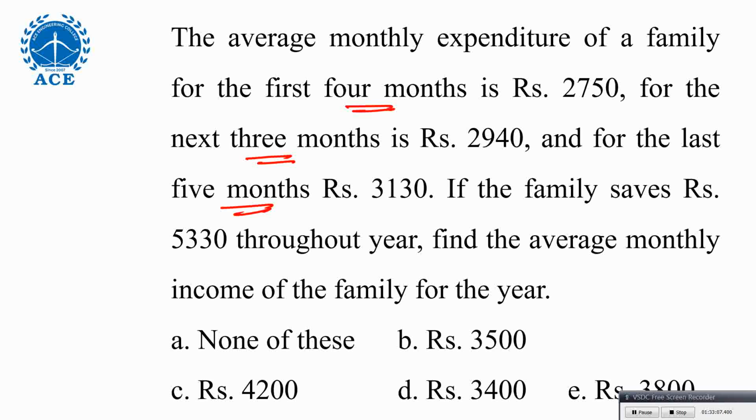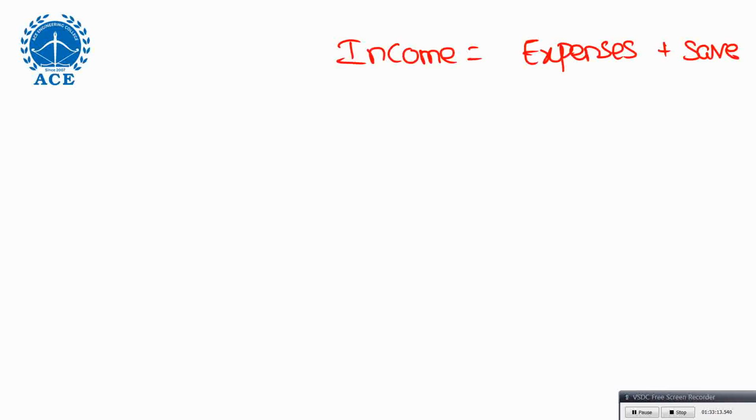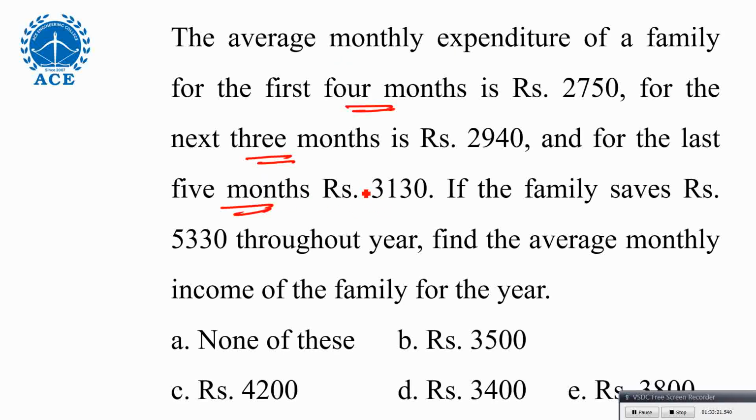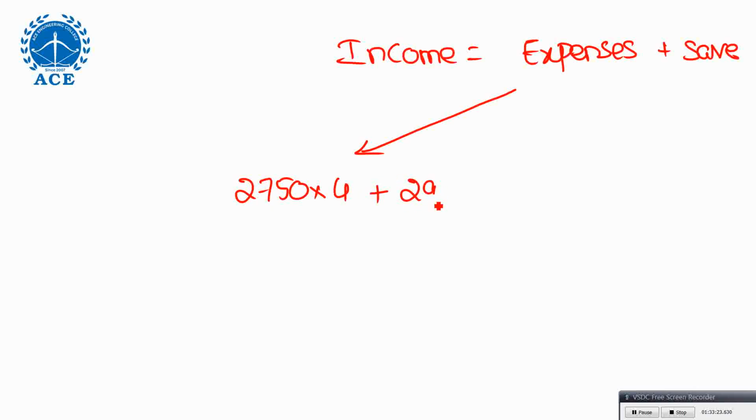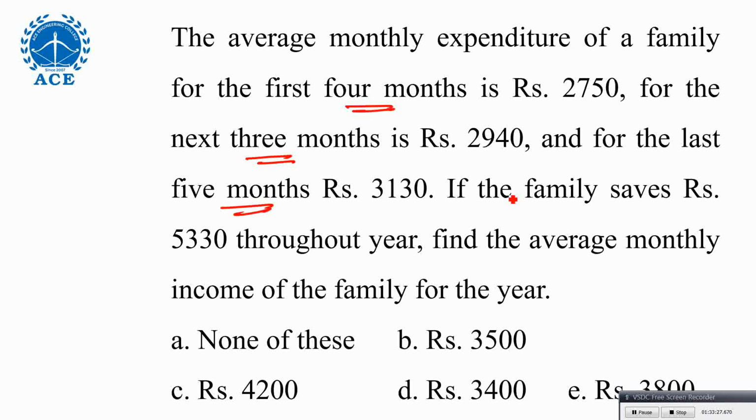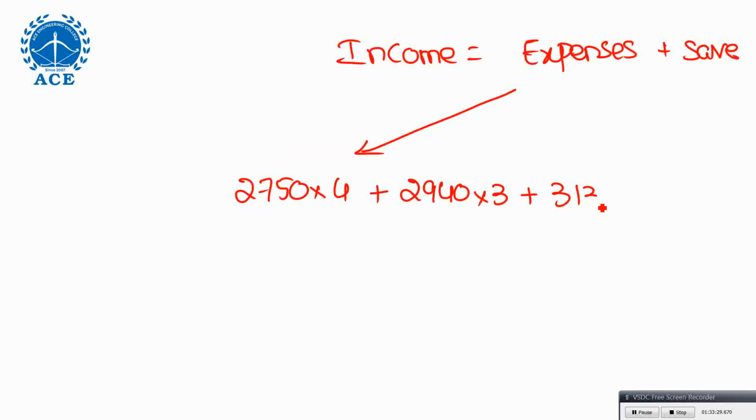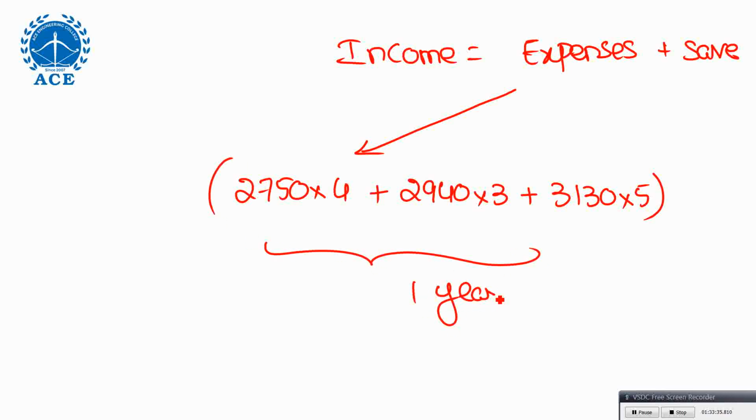Expenses of the first 4 months, next 3 months, and last 5 months are given. First, to calculate expenses, 2,750 into 4, because 4 months. Next, 2,940 into 3, because 3 months. Next, 3,130 into 5. This will give total expenses in 1 year.